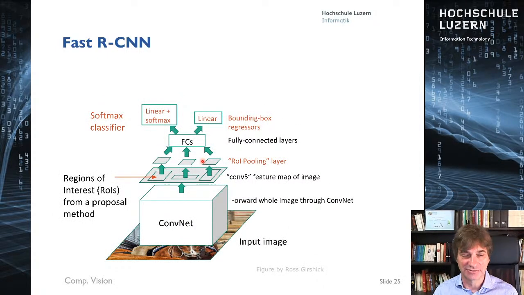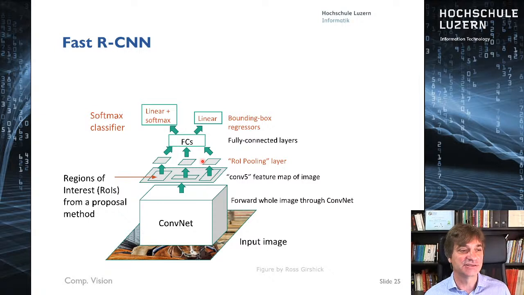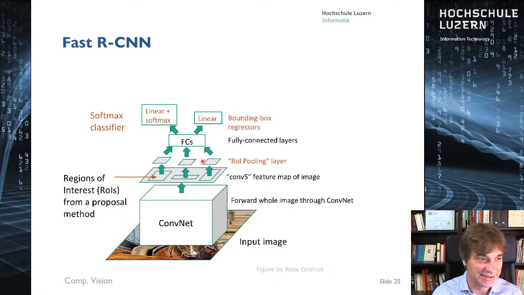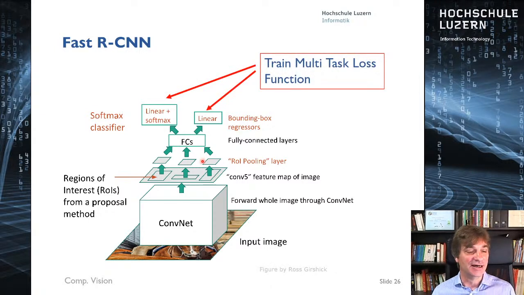And you again treat the bounding box as a regression problem, but you can also solve regression problems with neural networks. So you use the same layers here to get the softmax classification and the bounding box regression, which has a different loss function.